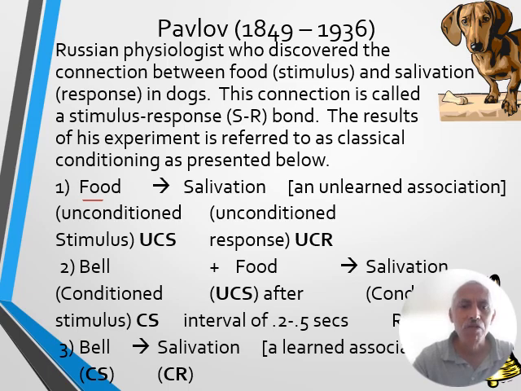But then when the bell is rung together with the food, and that is causing the dog to salivate, the bell is called a conditioned stimulus, because the bell should not cause the dog to salivate naturally. If I show you a bell, it should not cause you to salivate. Naturally it doesn't have the capacity to do that. Therefore, the stimulus, the bell, is conditioned.